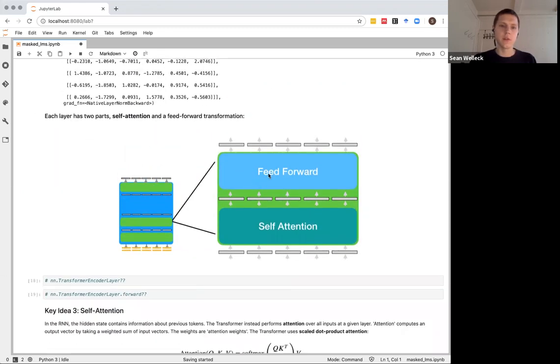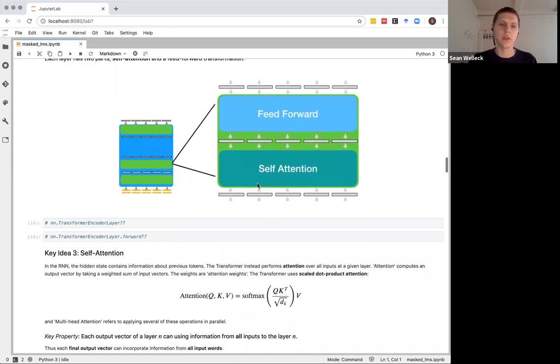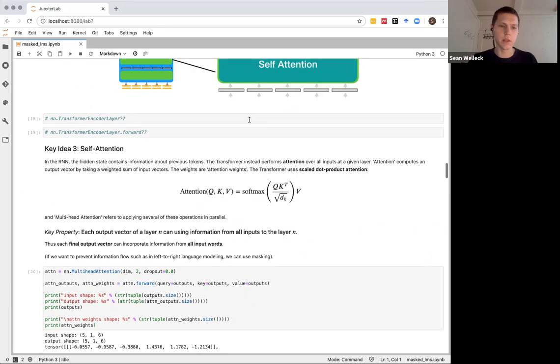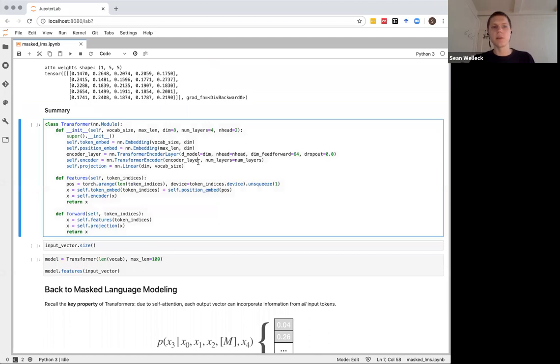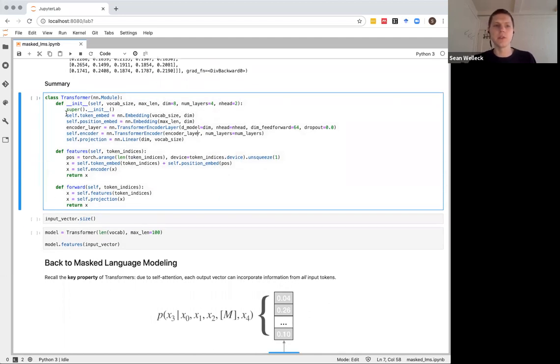And then this feed-forward network, I guess we don't explicitly have a review for that part of it. Okay, so now in summary, you could define one of these transformers as follows here, where you have the two different types of embeddings. You have the encoder, and you have the projection to get the vocab elements at the end.